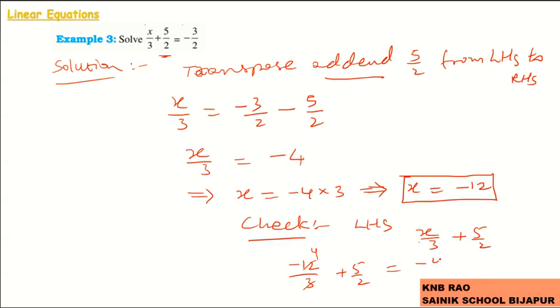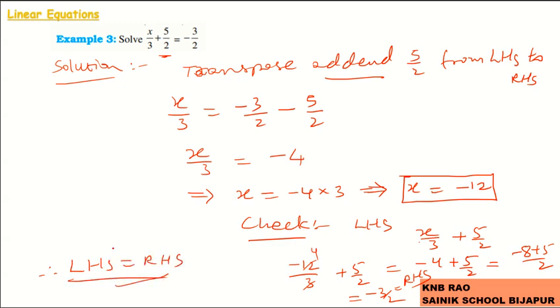So minus 4 plus 5 by 2 implies minus 8 plus 5 by 2, which gives us minus 3 by 2, which is the RHS. Thus I say LHS equals RHS. We got the right solution. You can write the conclusion now also.